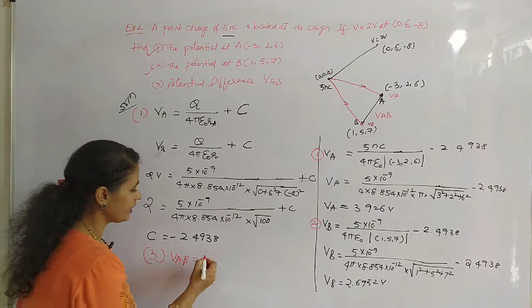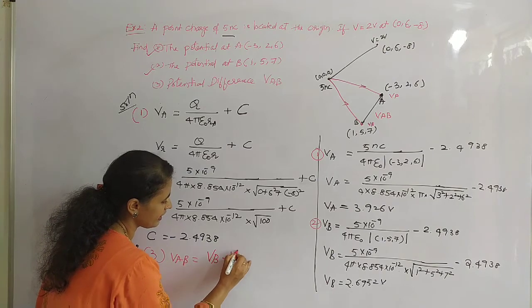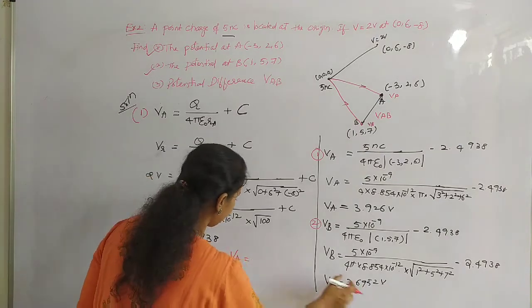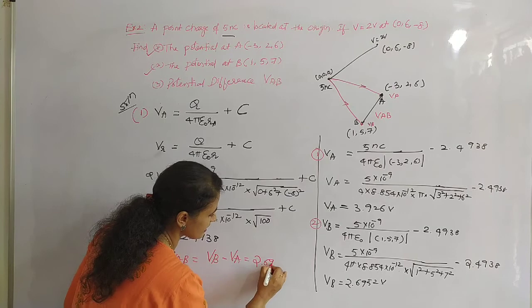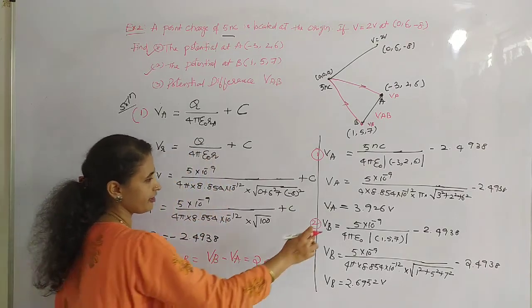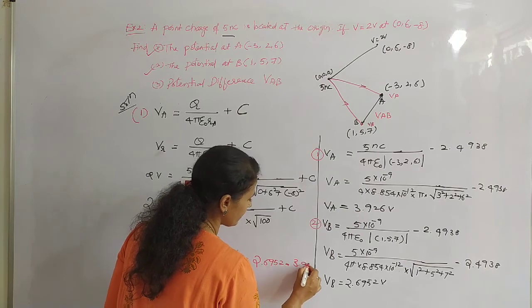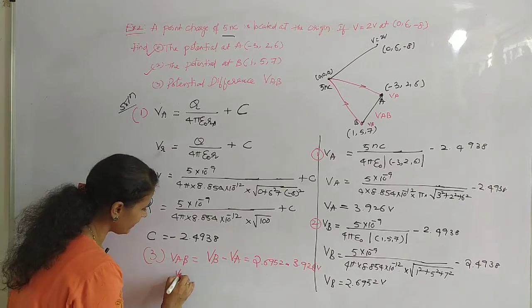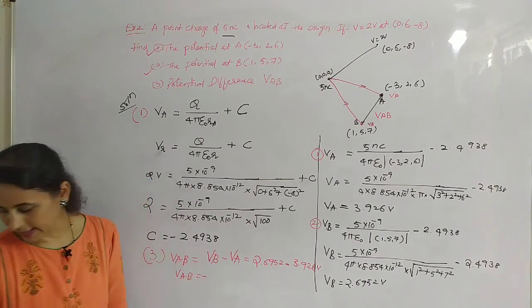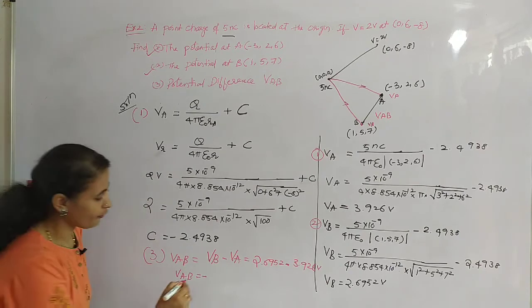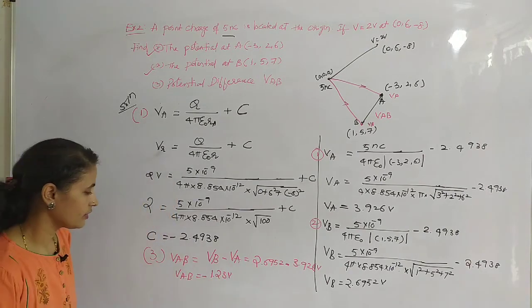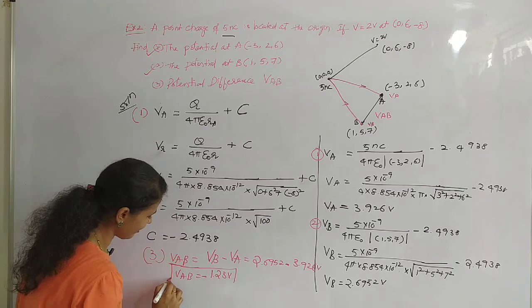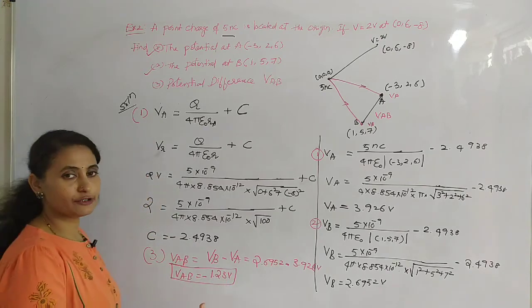VAB is nothing but VB minus VA, that is, B with respect to the point A. The result is minus 1.23 volts. The minus sign indicates that there is a decrement of potential while moving a point charge from A to B.